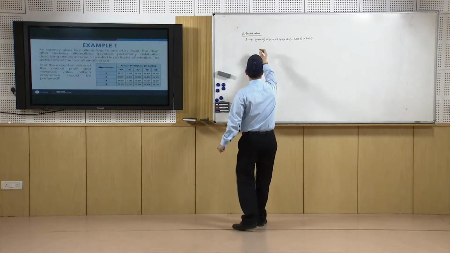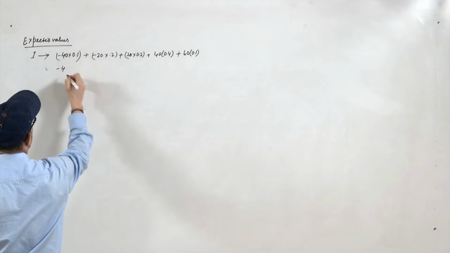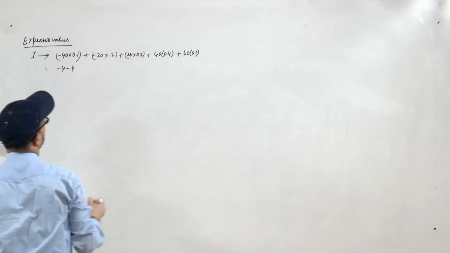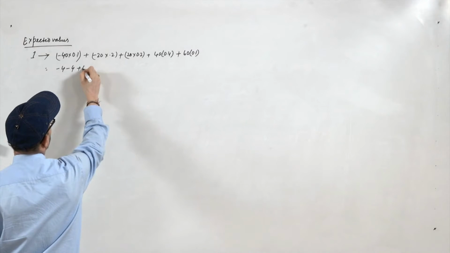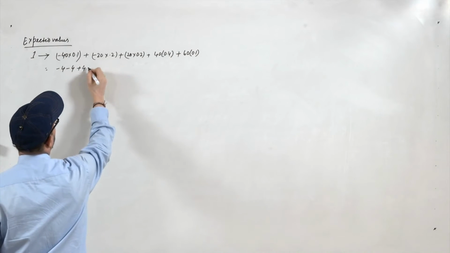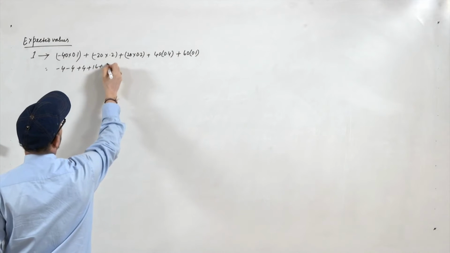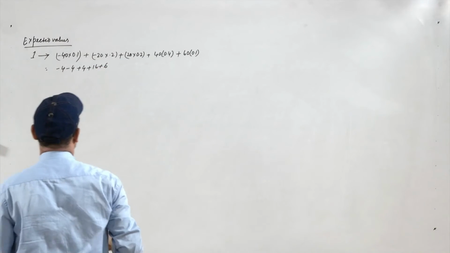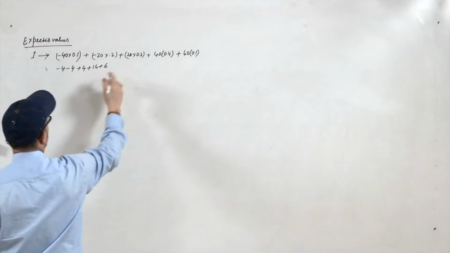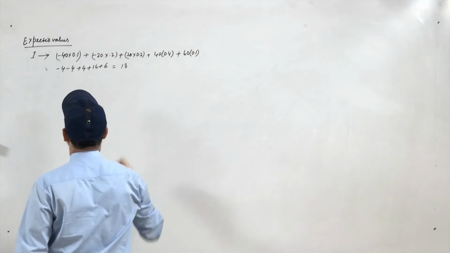So, this will come out to be minus 4, plus 4, plus 16, plus 6. So, it will be 22 minus 4, that is 18 lakhs.